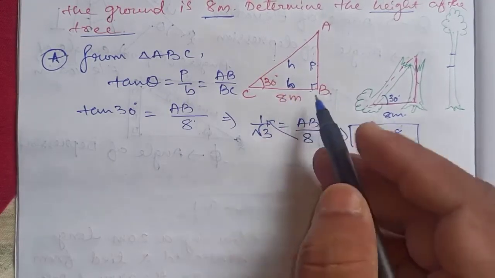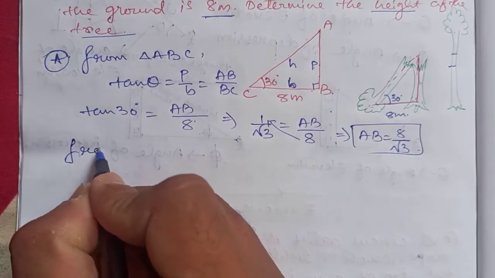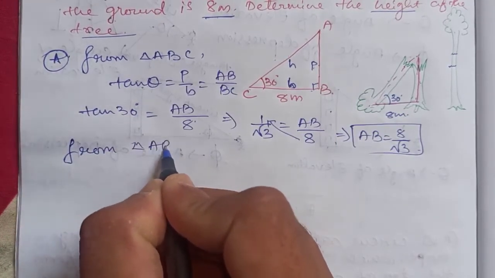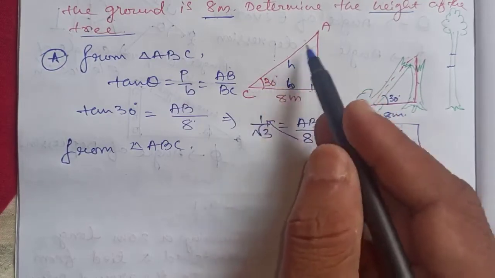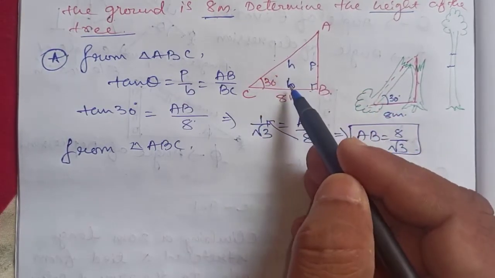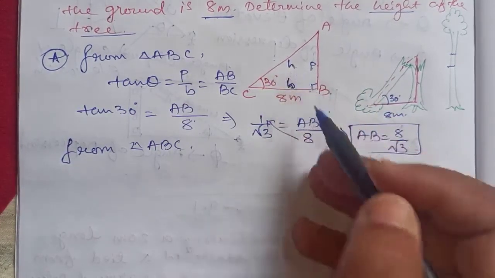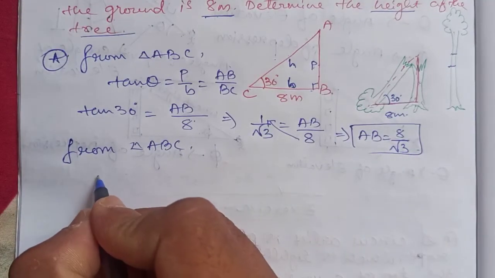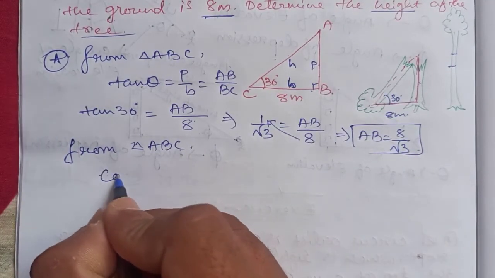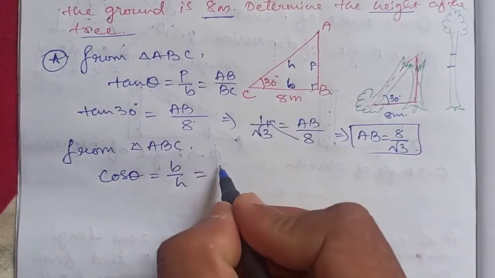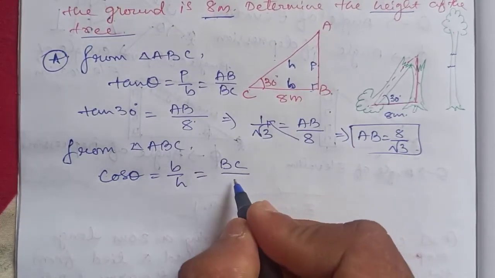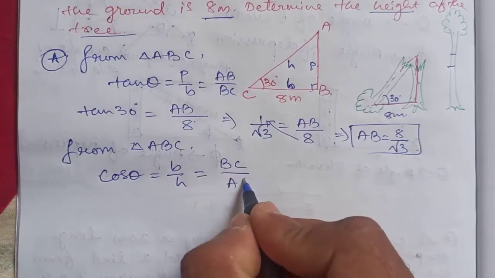Now again we will take the same triangle ABC. AC we have to find out, that is the hypotenuse. So base by hypotenuse I will take. That is base by hypotenuse, whose formula is cos theta. Cos theta is B by H. B is BC and H, the hypotenuse, is AC.